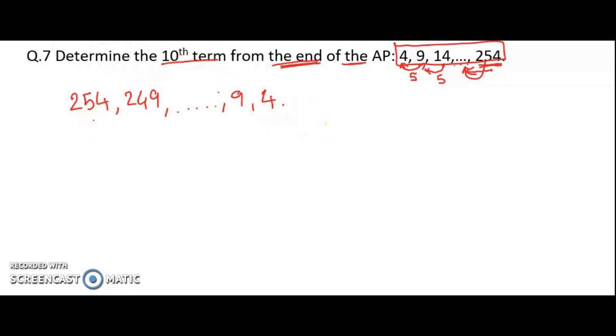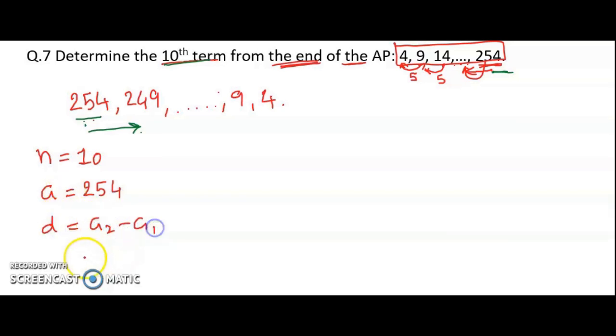Now, if you see the question, we have to find out the 10th term from the end of this AP. So here in this AP, we have to find the 10th term from the starting of this AP. Right? From 254, we have to find out the 10th term. So we will take n equal to 10. First term will be 254 and the common difference a2 minus a1.